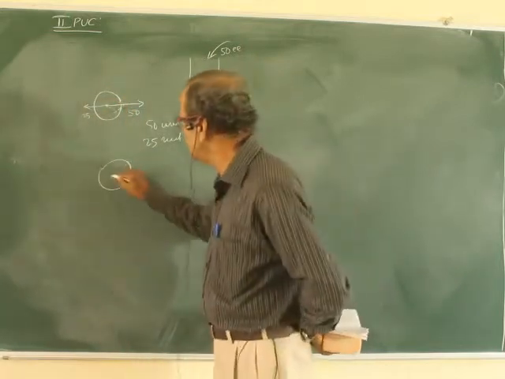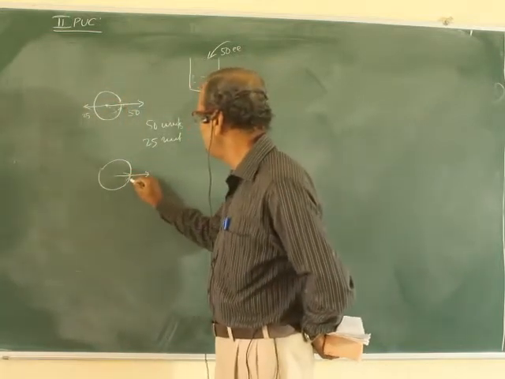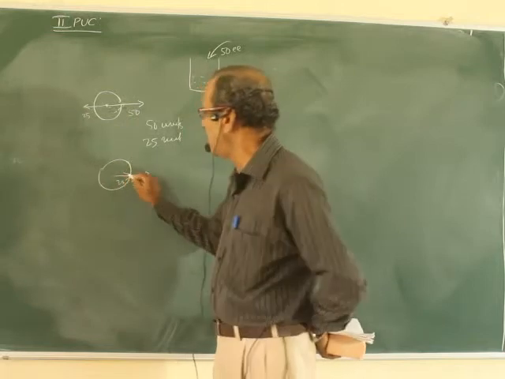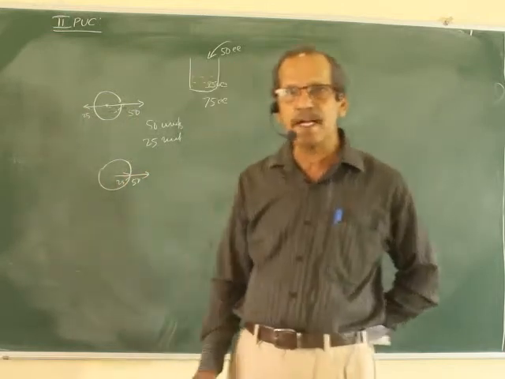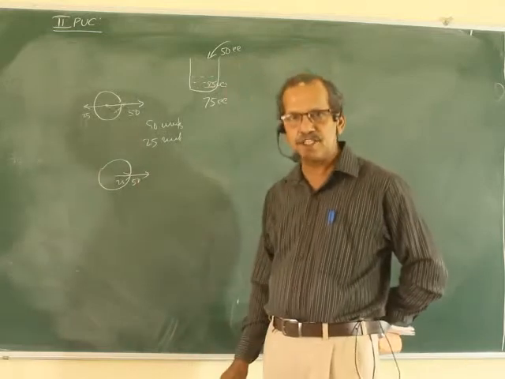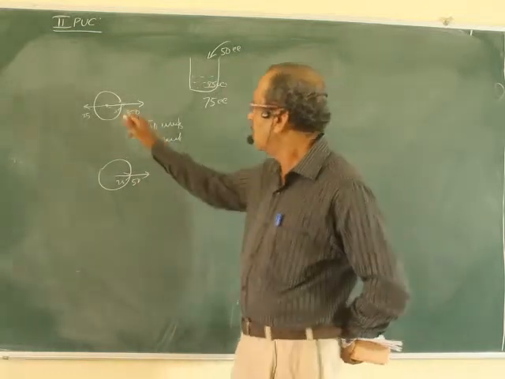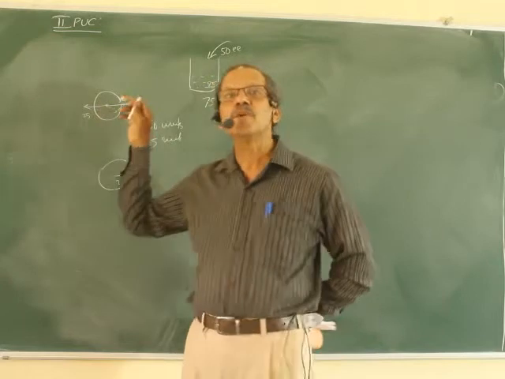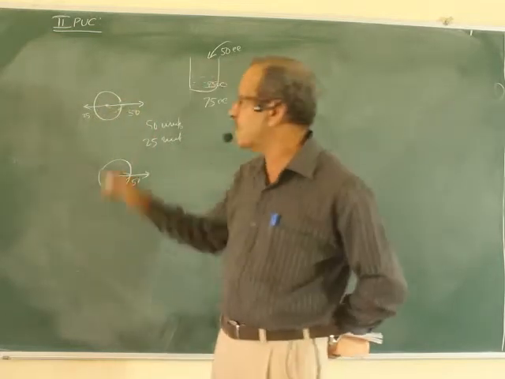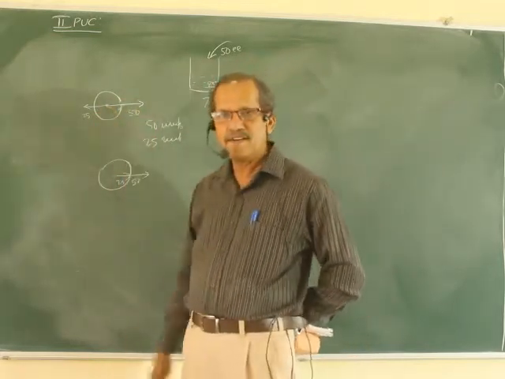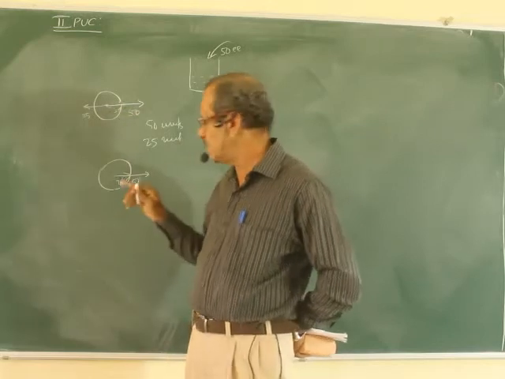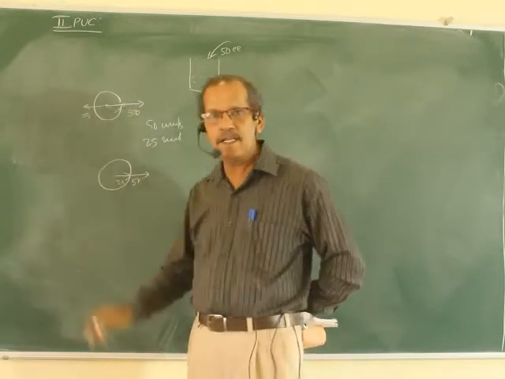See, in the first case, the roller is moving very fast with the 50 and 25. If they are pulled in the same direction, it will be moving very fast. Here what happens, it moves slowly towards the 50 unit. Not the same speed as in the first case.